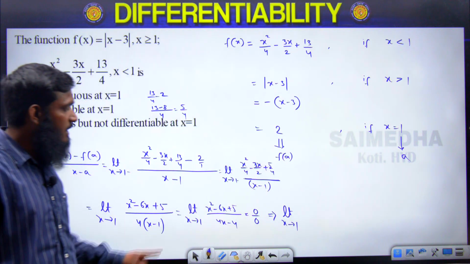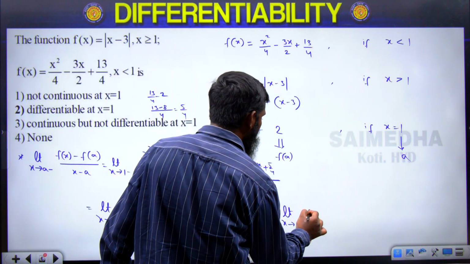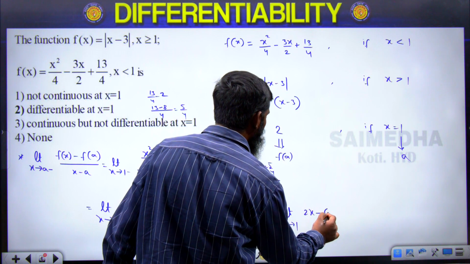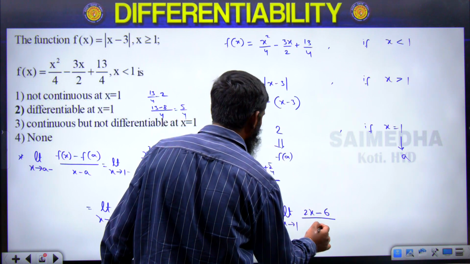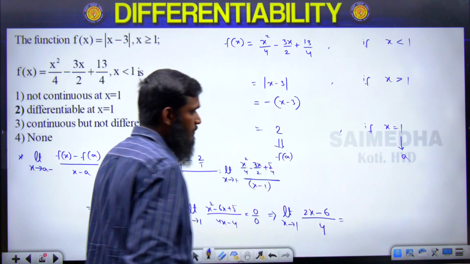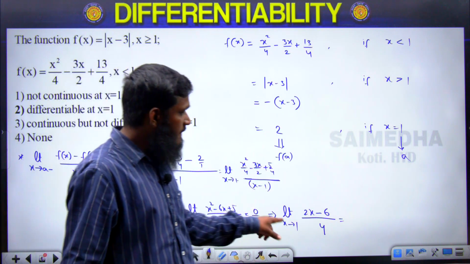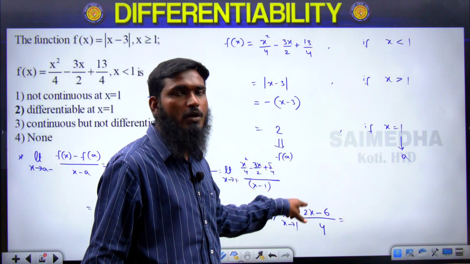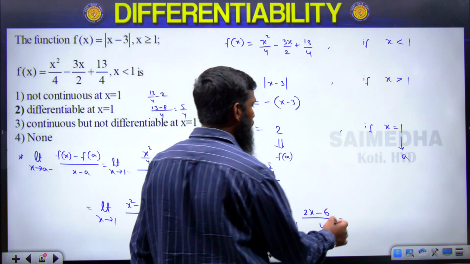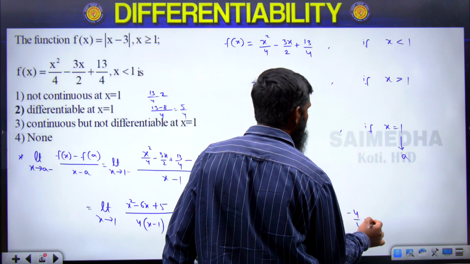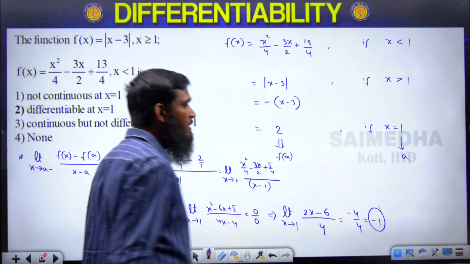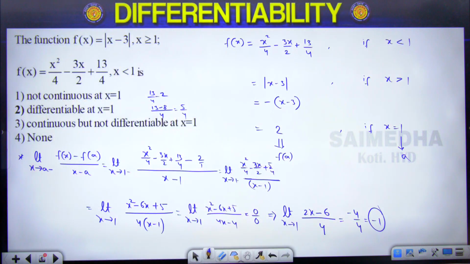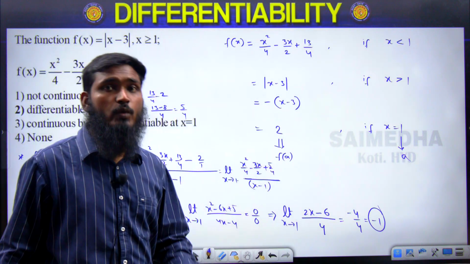According to L'Hospital rule, x square will become 2x, minus 6x will become 6, 5 will become 0, divided by 4. Now let us substitute the x value. 2 ones are 2, 2 minus 6 means minus 4. So minus 4 by 4, which is equal to minus 1. So what is the L value we are getting? L value is equal to minus 1.